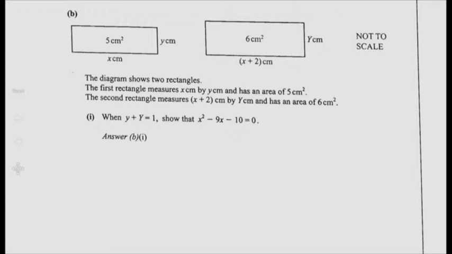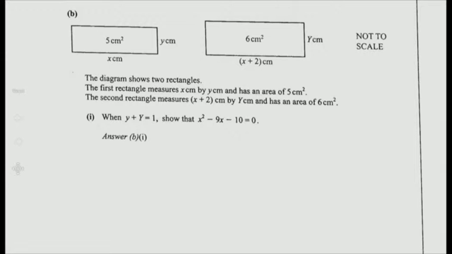Looking at the second rectangle there, it measures Y centimeter, which is the breadth, and x plus 2 centimeter, which is its length. The area there, it's 6 square centimeters. Now, when y plus Y is equal to 1, show that x squared minus 9x minus 10 is equal to 0.